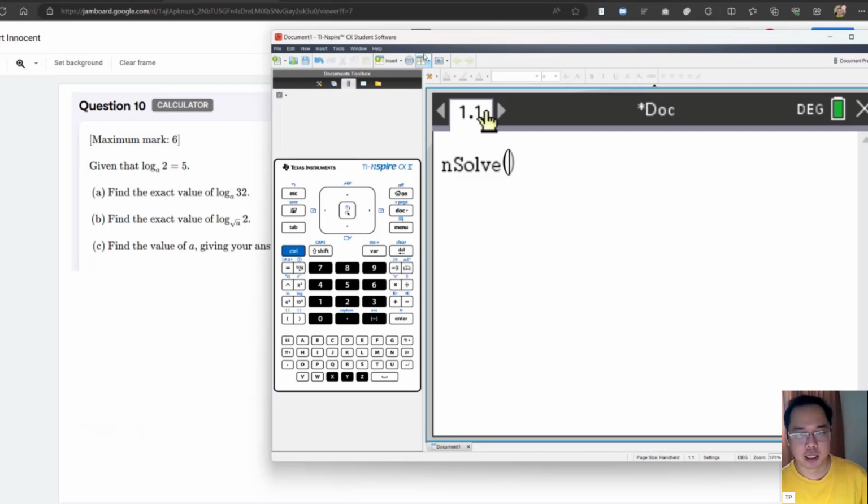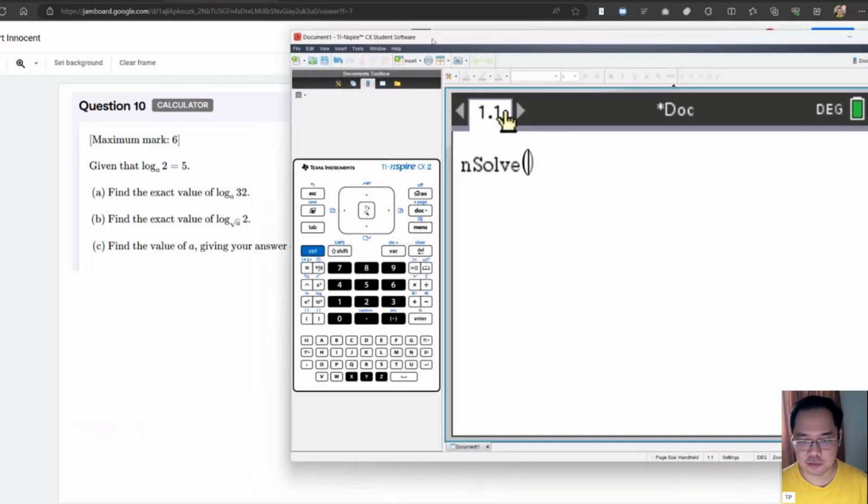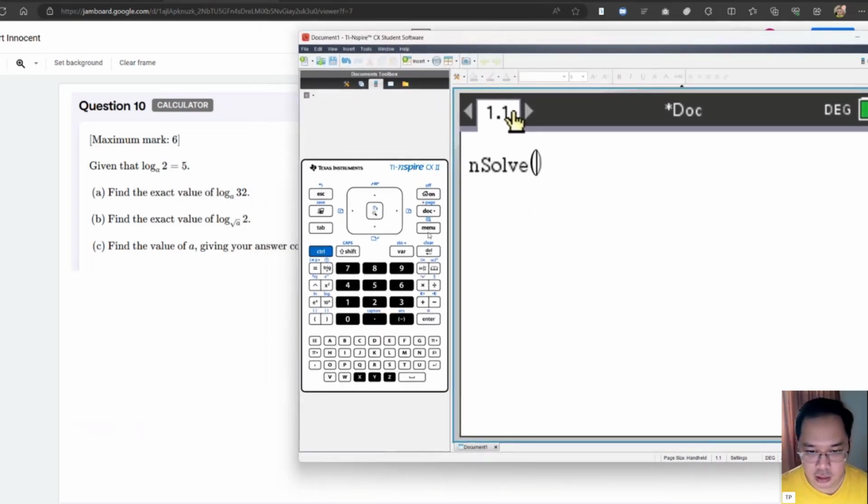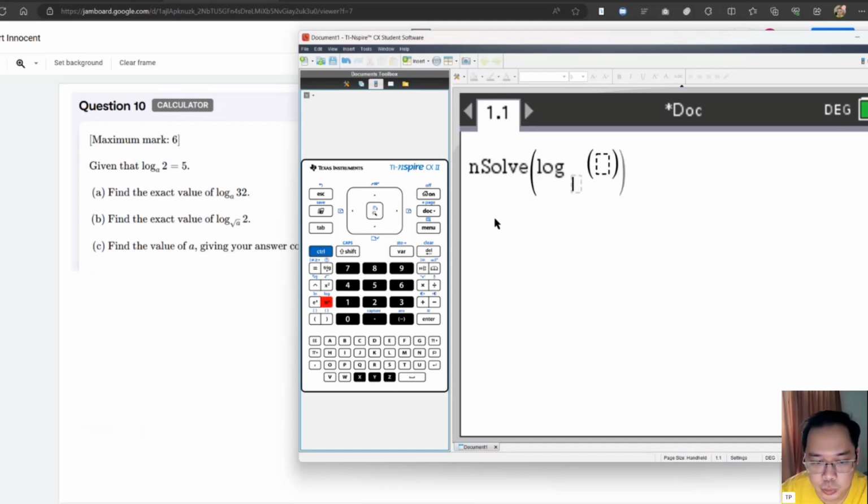And then you enter the equation, which is log. Control log. So the base here, we will enter a variable x.